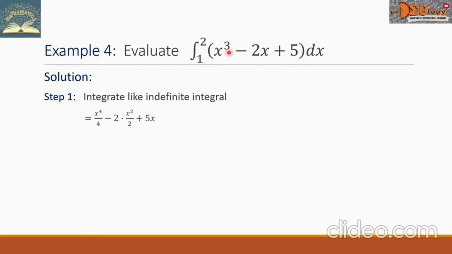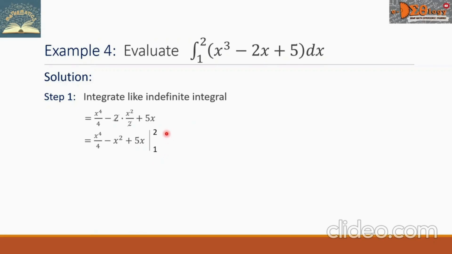The integral of x cubed is x raised to 4 over 4 minus, we copy the constant 2, then multiplied by integral of x, that is x squared over 2, plus integral of 5 is 5x. We can simplify the second term. We can cancel the 2 with the denominator 2. And finally, we have x raised to 4 over 4 minus x squared plus 5x from the limits from 1 to 2.